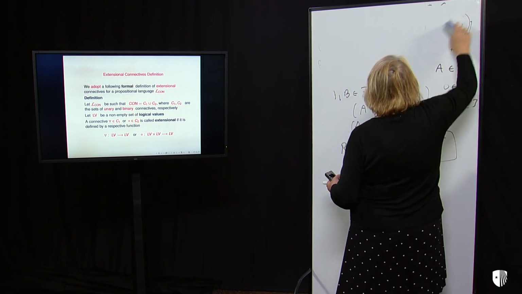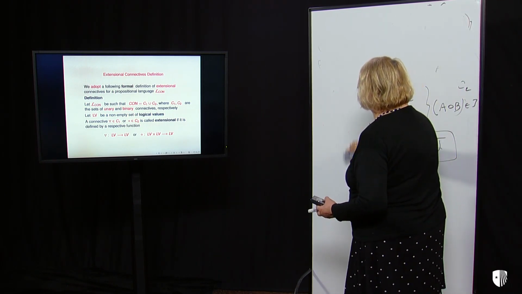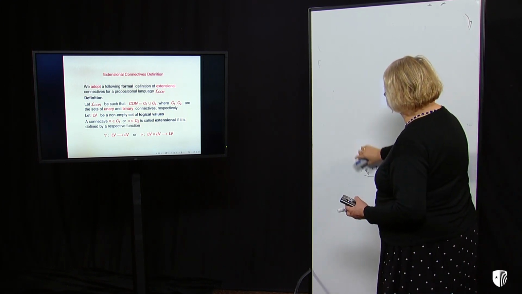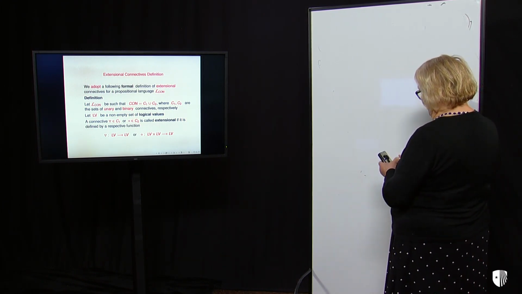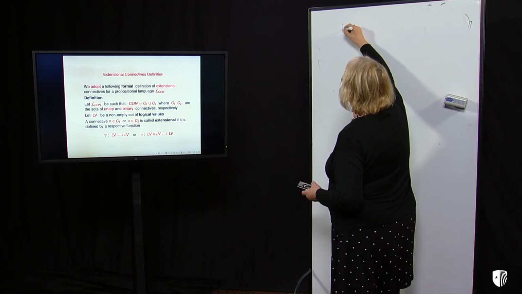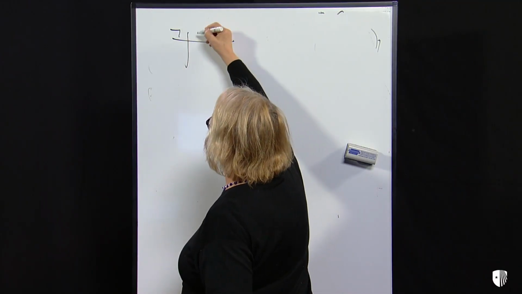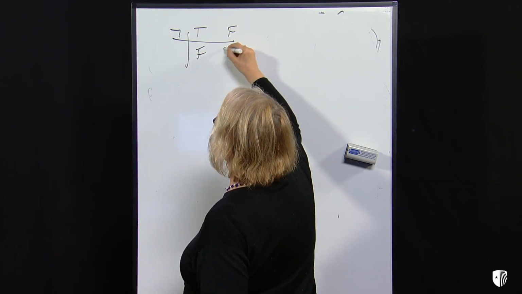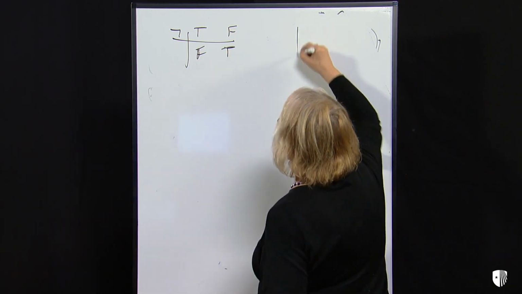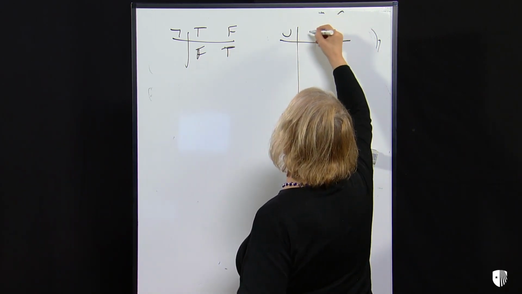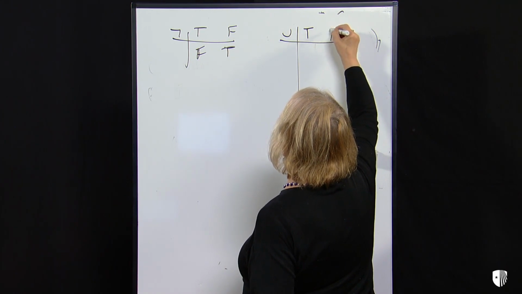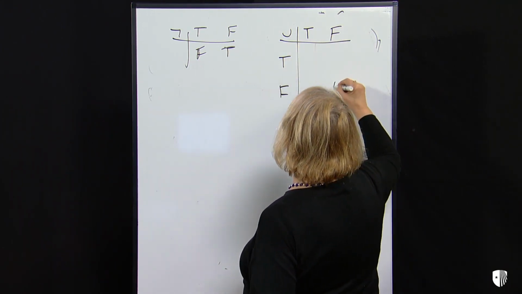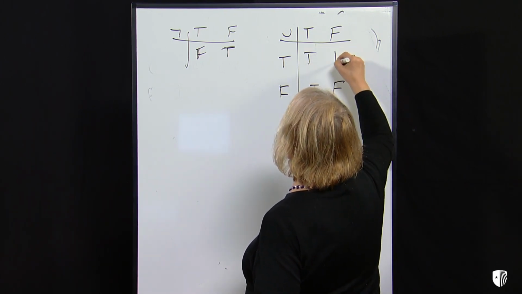That's how you were taught and how we defined our classical connectives. For example, you define negation: true goes to false, false goes to true. And we define, for example, disjunction: false or false is false, and true everywhere else, right?